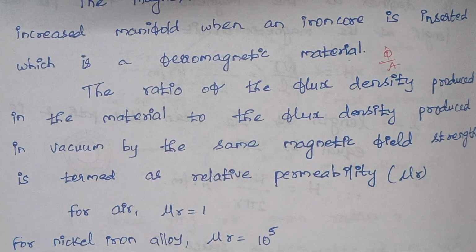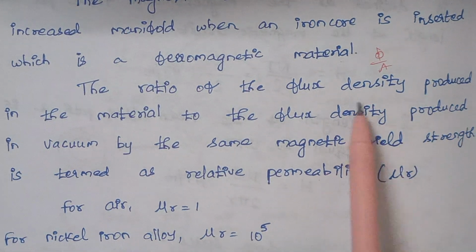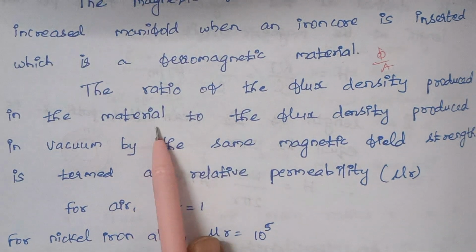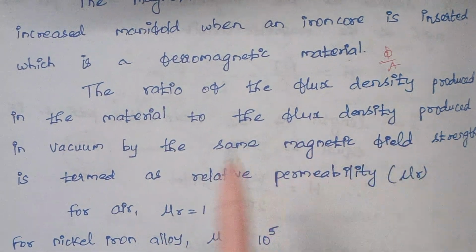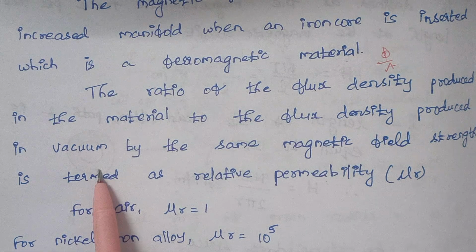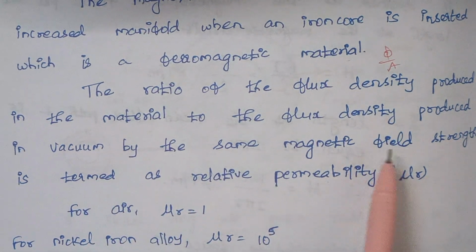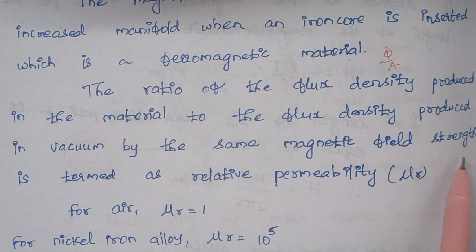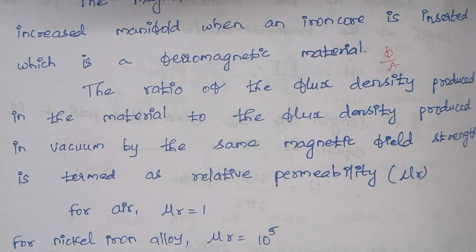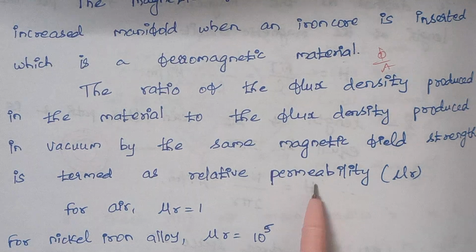Just now we discussed the permeability of free space, the same thing. So, here we are comparing the flux density produced in a material to the flux density produced in vacuum by the same magnetic field strength. The ratio between these two is known as relative permeability.